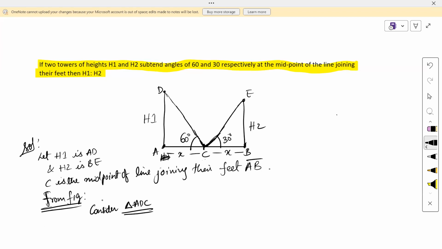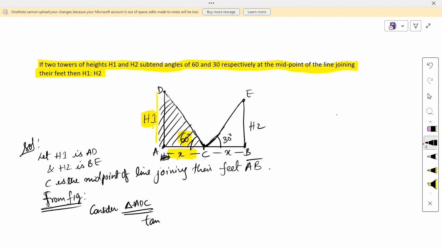What information is there in this triangle ADC? We have this angle. For that angle, h1 is the height, the opposite side, and this is the adjacent. So opposite, adjacent, and angle. Opposite by adjacent is tan theta, right? So apply tan theta there.